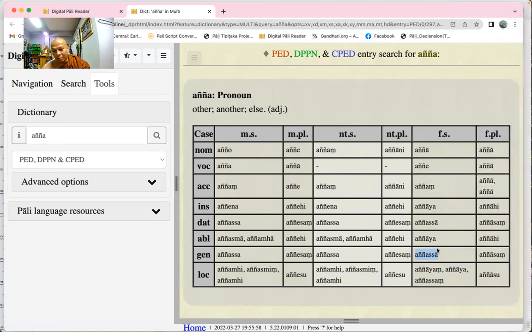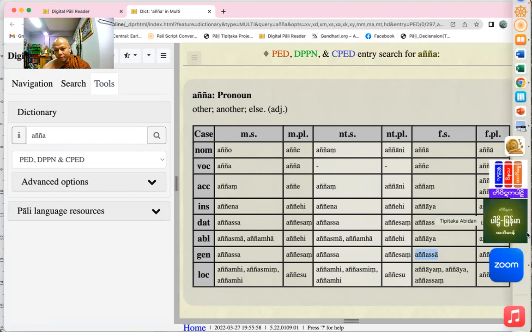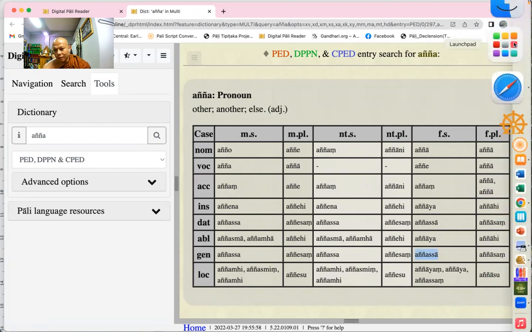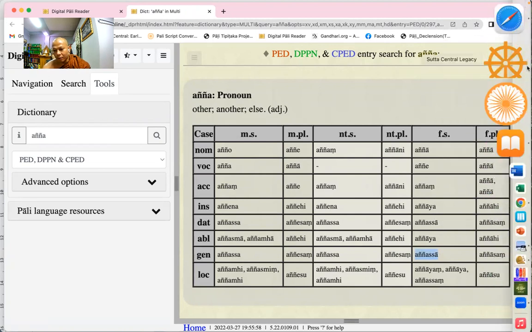That is maybe a typing mistake in that software.